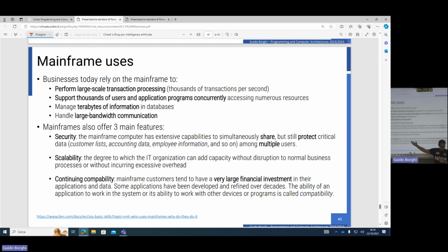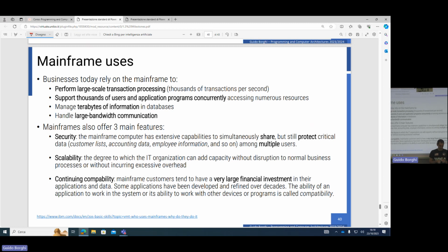For example, here you can see customer lists. For a company, it's extremely important to protect customer lists, but also accounting data for a bank, for example, employee information, and so on. Then we have scalability.